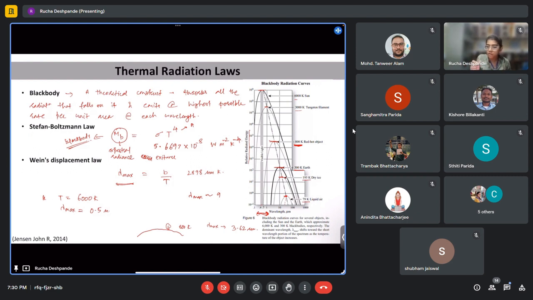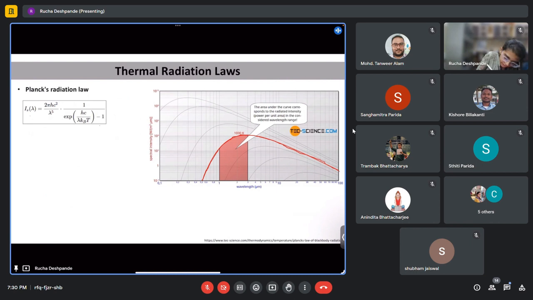So if we want to derive Stefan Boltzmann law from Planck's radiation law, we would have to integrate this equation from 0 to infinity, so everything under this curve. This would give us the total energy emitted by that body.